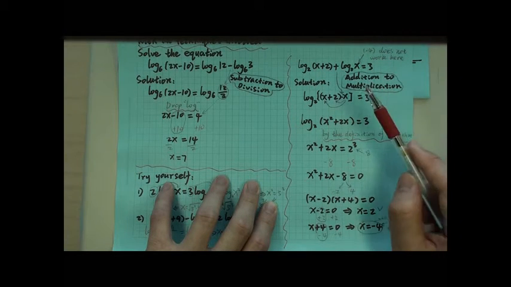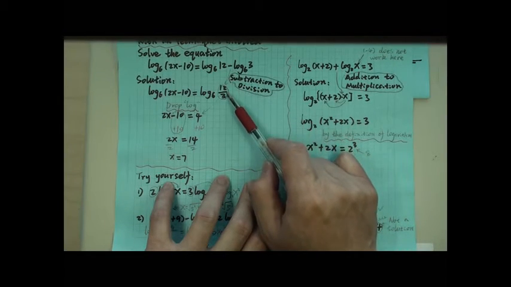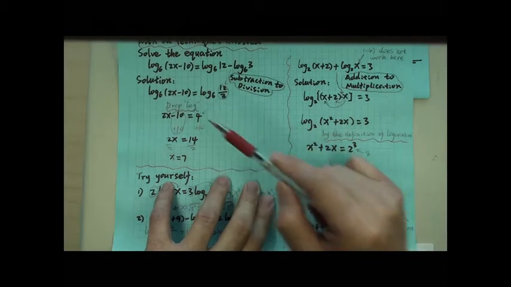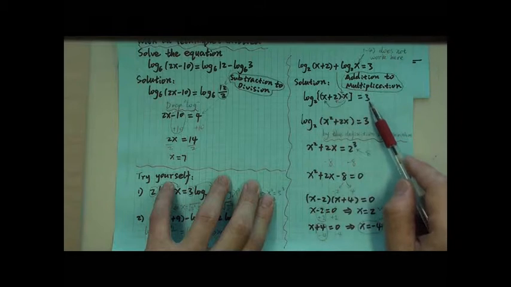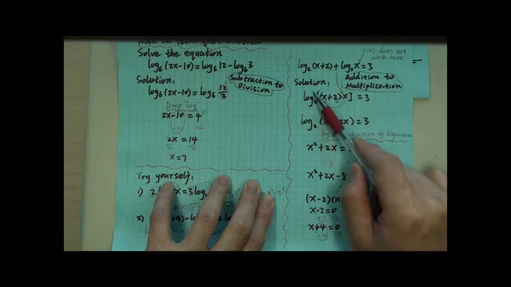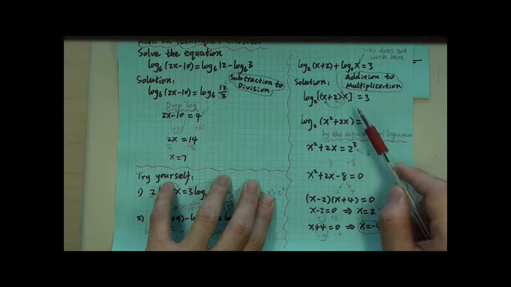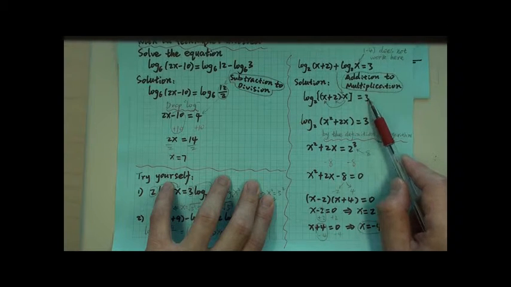Okay, up to this far, previously we did subtraction. Here we drop log, and on the right hand side there is no log, so we do it by definition. Remember, log something is always the exponent. Exponent of what?